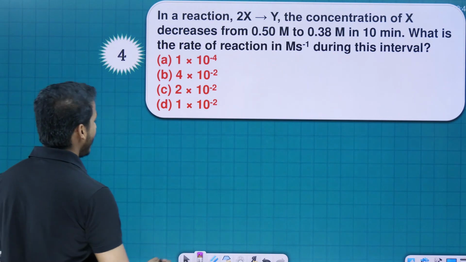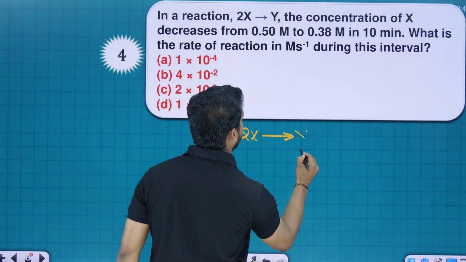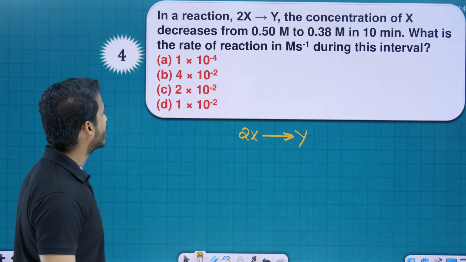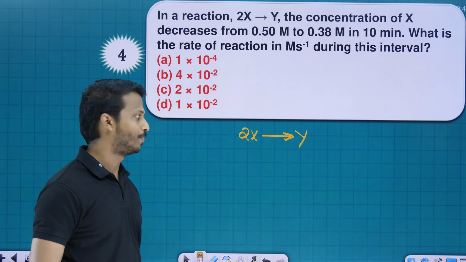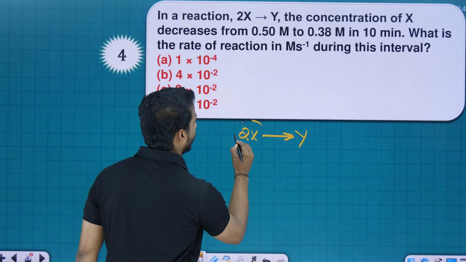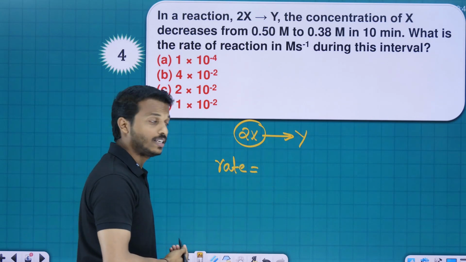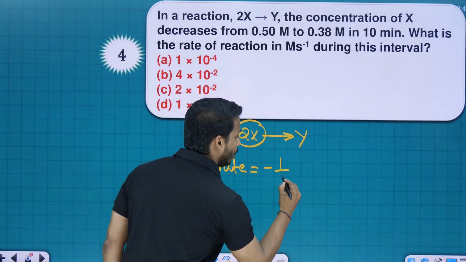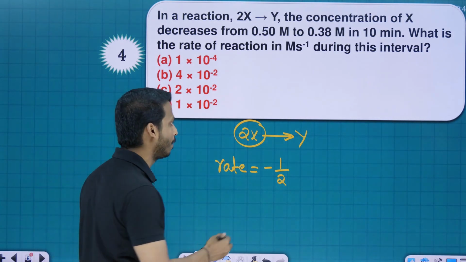Next question. They have given a reaction 2X gives Y. The concentration of X decreases from 0.5 to 0.3 in 10 minutes. So rate of X, right? How can you write it in terms of X? The rate is minus 1 by 2. Always the coefficient we have to take as a reciprocal.